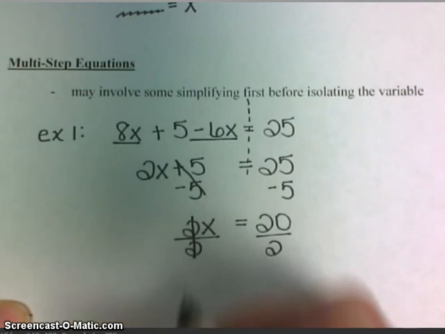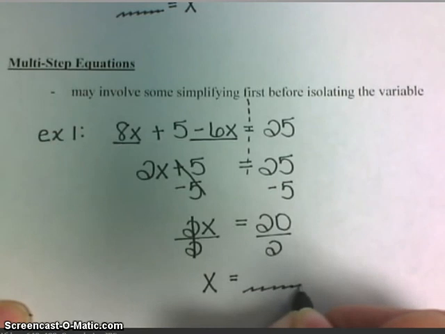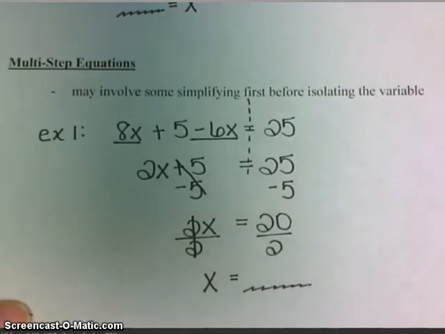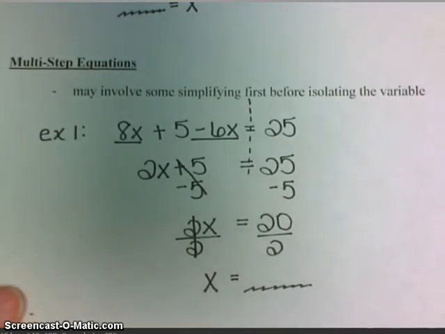So 2 divided by 2 is 1. So I've isolated the x, and once you divide 20 by 2, you've got your answer. Now there's a lot more to two-step and multi-step equations in the examples we have here, but we'll get into more in-depth problems with multi-step and two-step in class.